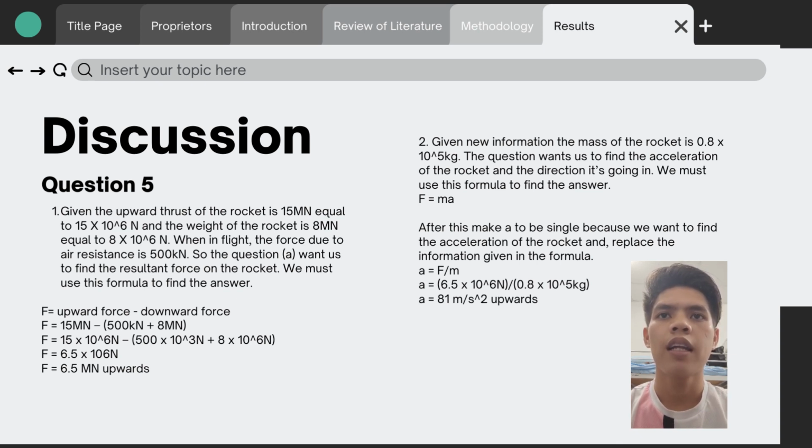When in flight, the force due to air resistance is 500 kilonewton. The question wants us to find the resultant force on the rocket. We must use the formula to find the answer. F equals upward force minus downward force. So F equals 15 MN minus 500 kN plus 8 MN. So the answer is 6.5 MN upward.